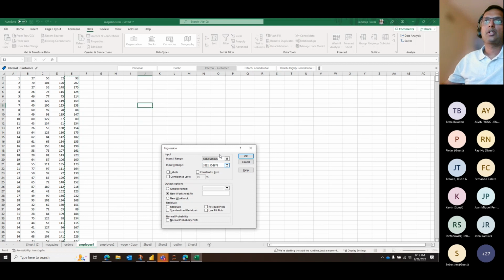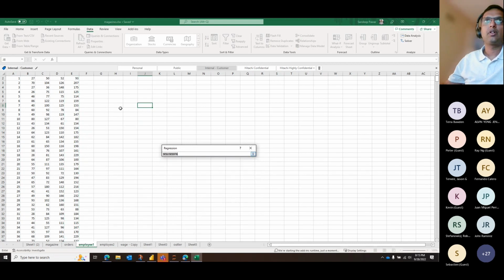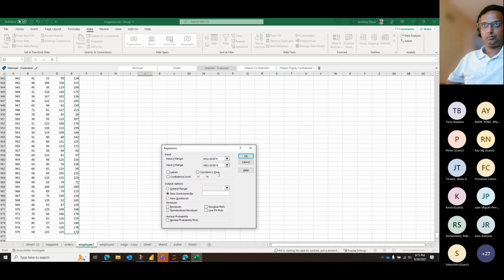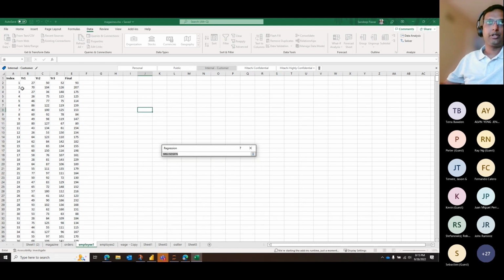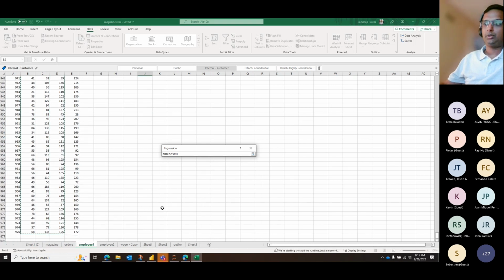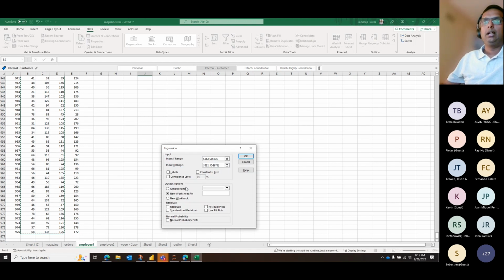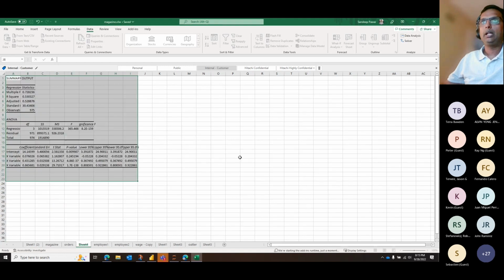So let's click on regression, and then let's say the input: what am I interested in? I am interested in this Final, based on this input range right here. And let's say yes, I want to create a new sheet, and click OK.